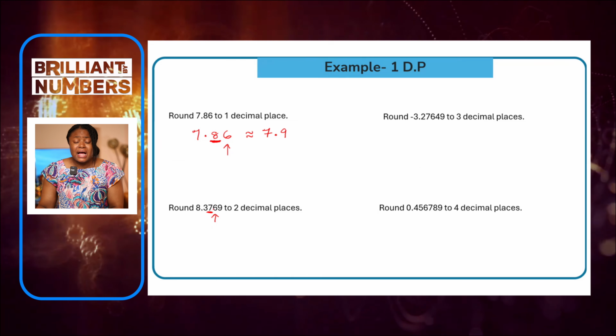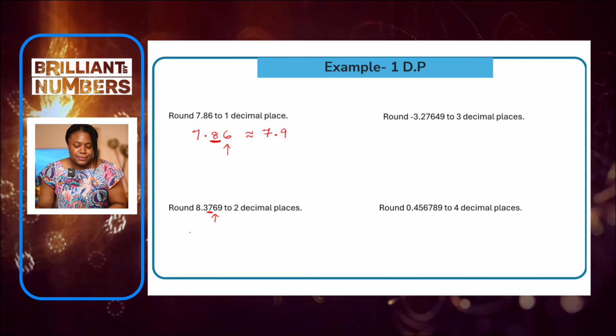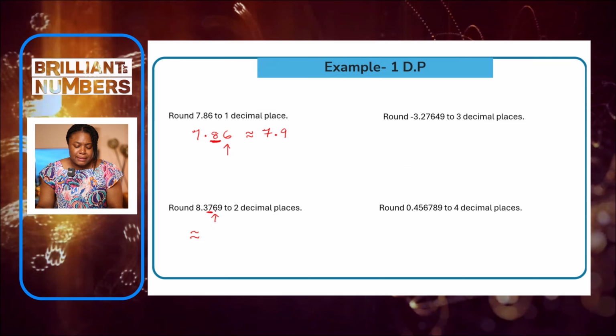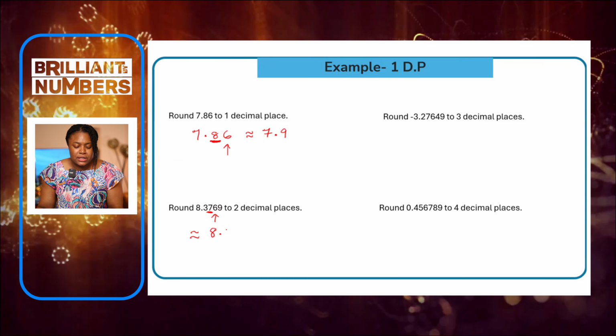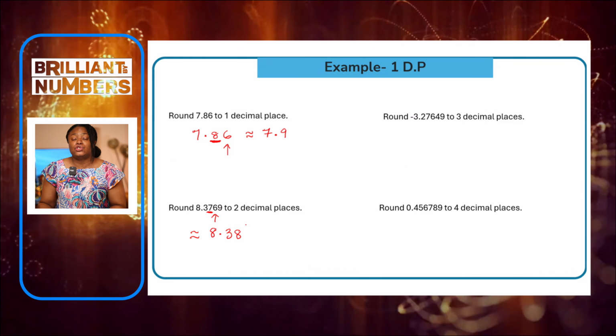So therefore, again, I'm rounding up. So the answer then, I'm going to be adding 1 to the 7, so it is 8.38 to 2 decimal places. No zeros added at all. When I look at my answer, there should only be 2 digits to the right of the decimal point. And now I've rounded to 2 decimal places. So we go to the next question.